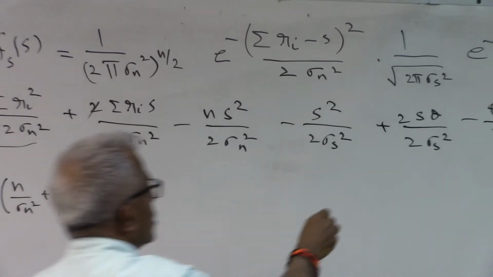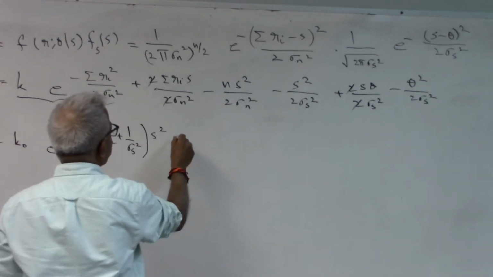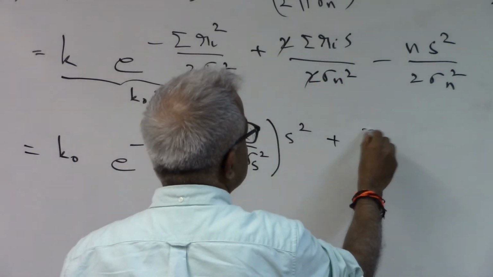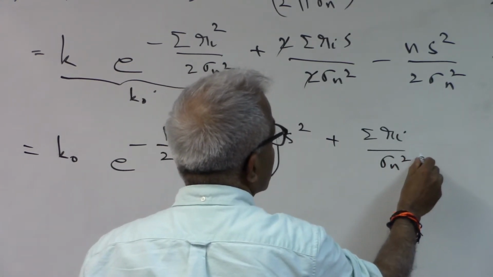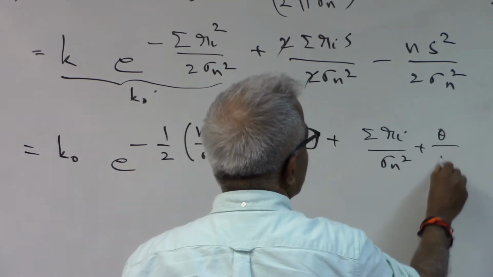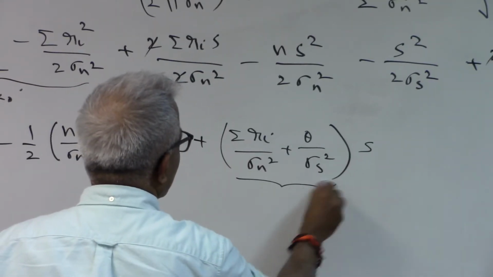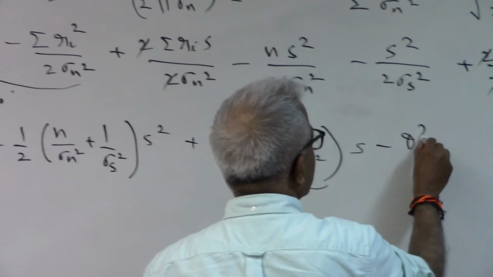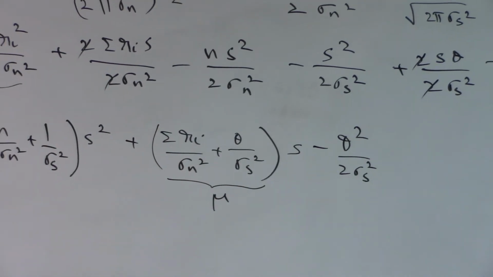And then there is the S term; this cancels, this cancels. Then the S term is sigma Ri over sigma n squared plus theta over sigma s squared, multiplied by S. I'm going to call this mu, and then I have minus theta squared over 2 sigma s squared. Remember, all this is in the exponent.